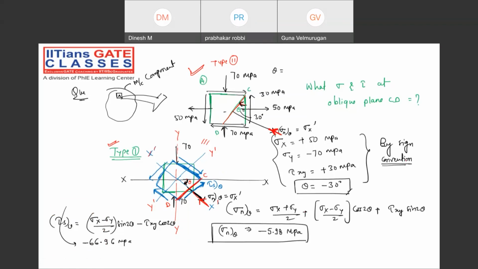Check it out. Sign conventions. That sign convention, whatever we are following, will be applicable for the transformed element also, from the straight element to the transformed element which has been rotated by the angle theta in the clockwise direction.